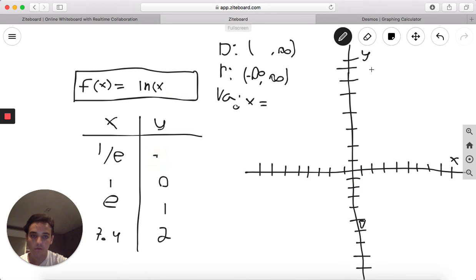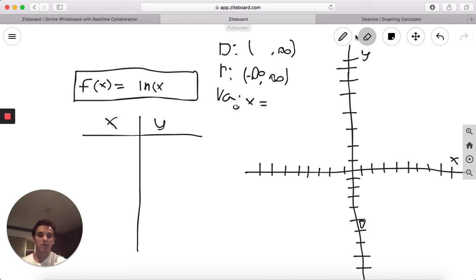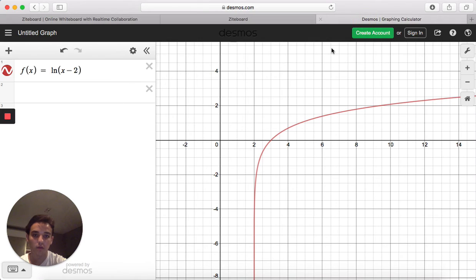I'm just gonna erase some things quickly. Sorry about this. Okay, so let's start. Our first graph, which first I'm gonna show you in Desmos, is ln of x minus 2.